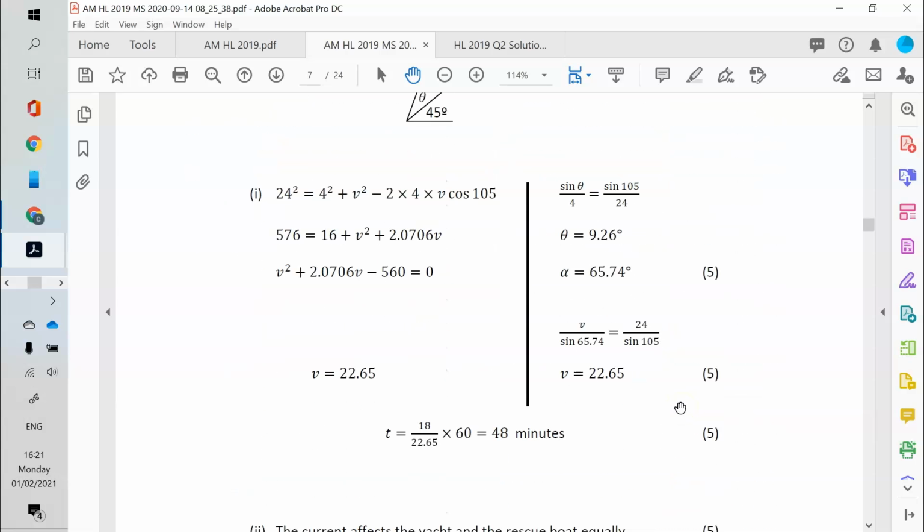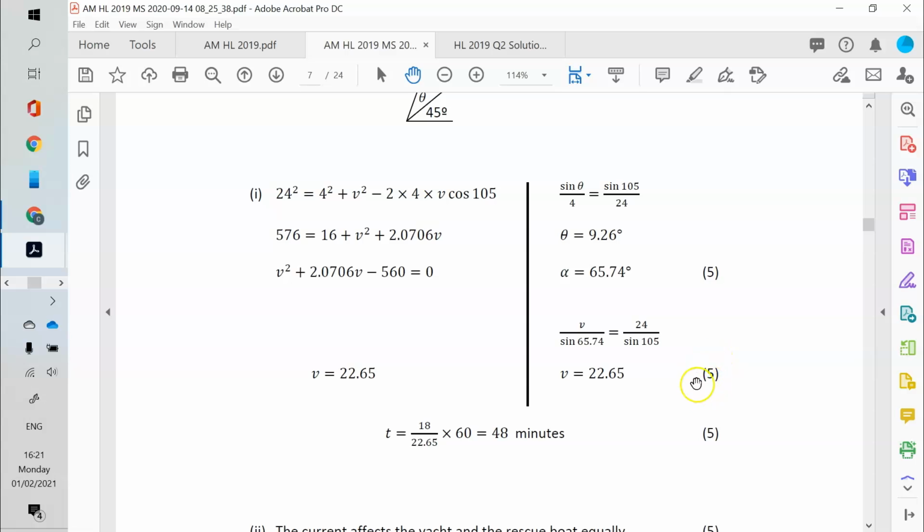as you can see here, they've given the solution two different ways. We've got the cosine rule being used on the left and the sine rule being used twice on the right. You'll get your first 5 marks for the first application of your sine rule and coming up with an angle, or for substituting and simplifying your cosine rule.